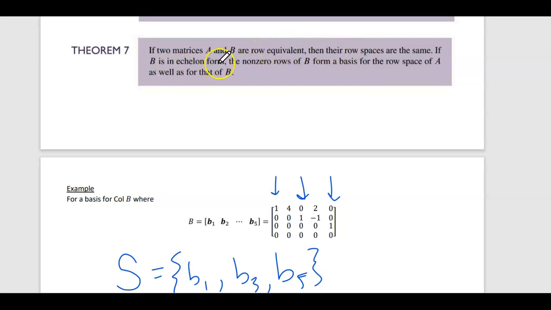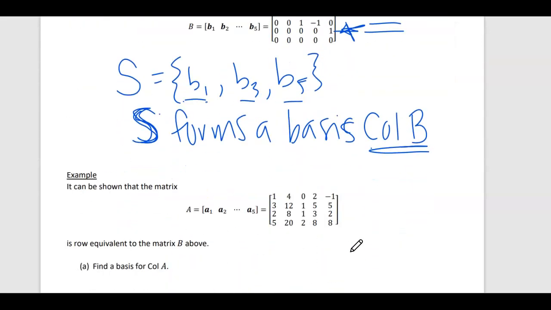If B is in echelon form, here we go, the non-zero rows of B form a basis for the row space of A, as well as that for B. So the basis of the row space of B would be based on the non-zero rows of B. And we can end up saying that these two are row equivalent.